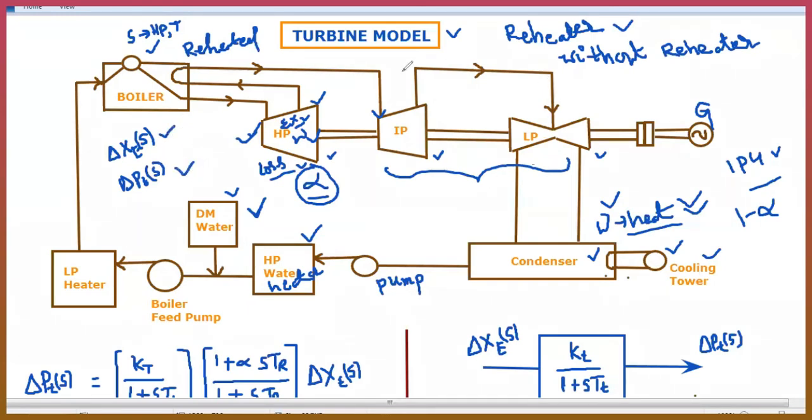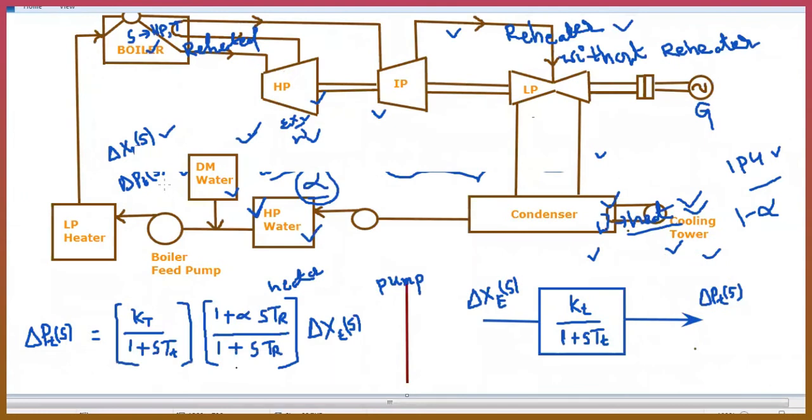If we consider the 3 stages of the turbine, the transfer function looks like this. The output of the turbine is related to the steam valve settings, which is the input to the turbine, or a valve power input to the turbine.